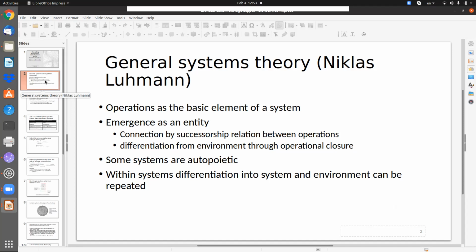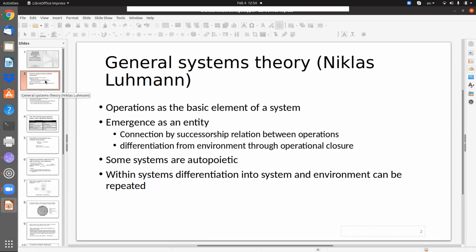And the second thing we need for a system is that it needs to differentiate itself from the environment through operational closure. And it does so in a self-organizing process. So it's like closure in chemical organization theory.